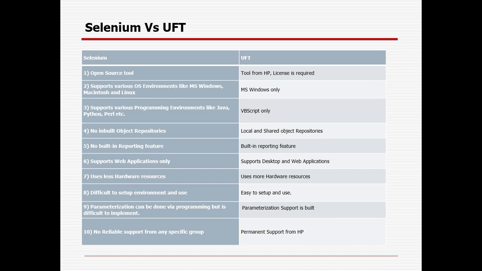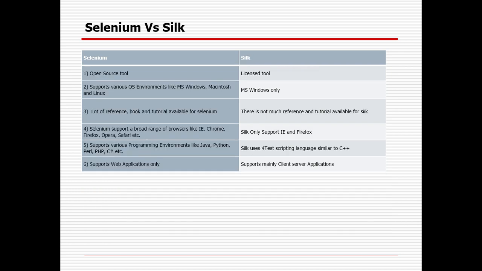Parameterization can be done via a programming language, but it might be difficult to implement, whereas parameterization support is inbuilt in UFT. There is no reliable support group for Selenium because it's a free tool, whereas with UFT you are buying the license with regular interval payments, right? That is the reason. In case you are not able to do something, then HP, the vendor support, will be there.